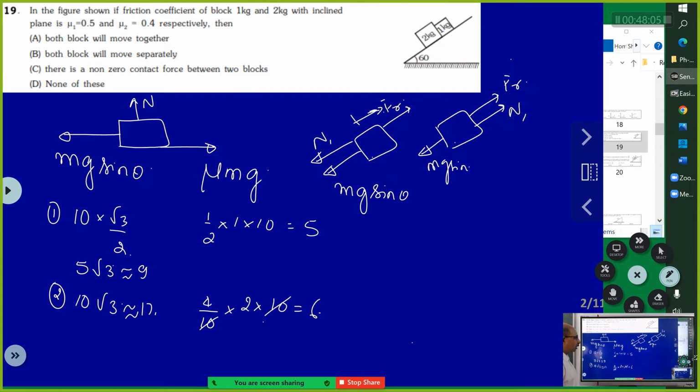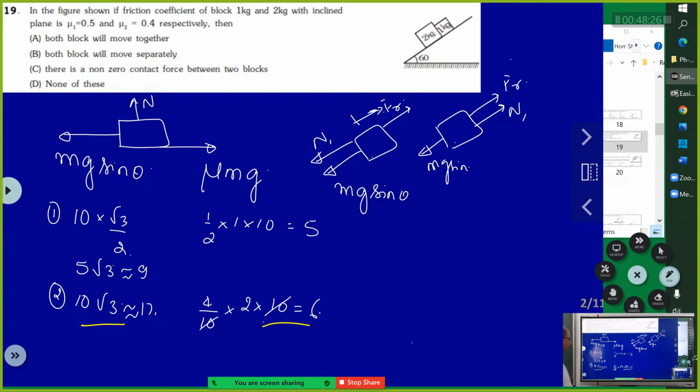If they are touching together, assume that initially they are touching, but now the frictions are different. So therefore, both will definitely move. And now if you see the acceleration, the acceleration of both of them will be different.